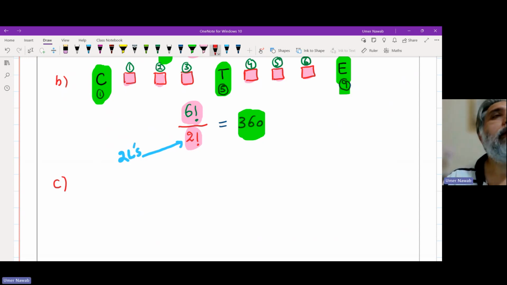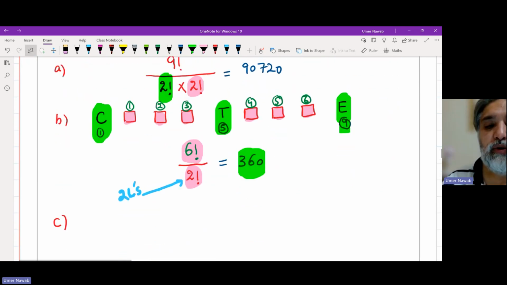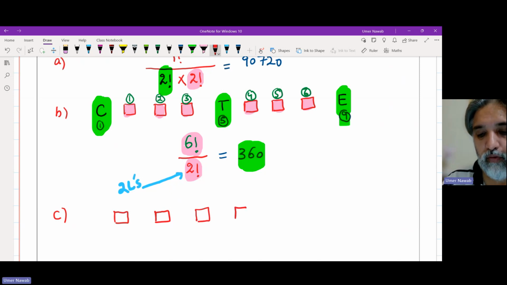In which I will try to put all the letters which are not E's, because we want to put the E's separated from each other. Okay, so other than 2 E's, I have 7 letters. So I'm going to make 7 boxes: 1, 2, 3, 4, 5, 6, and 7.